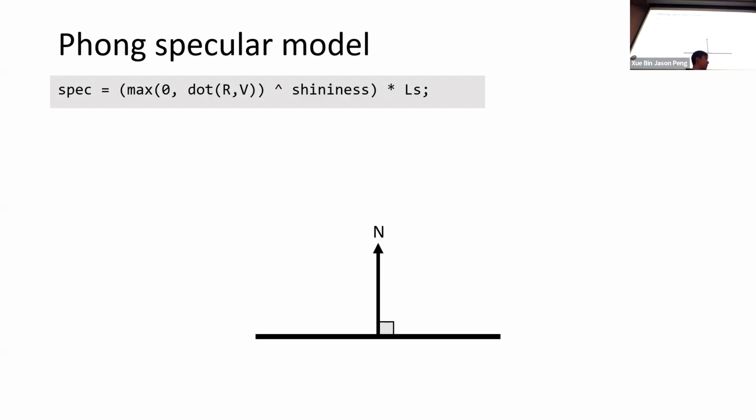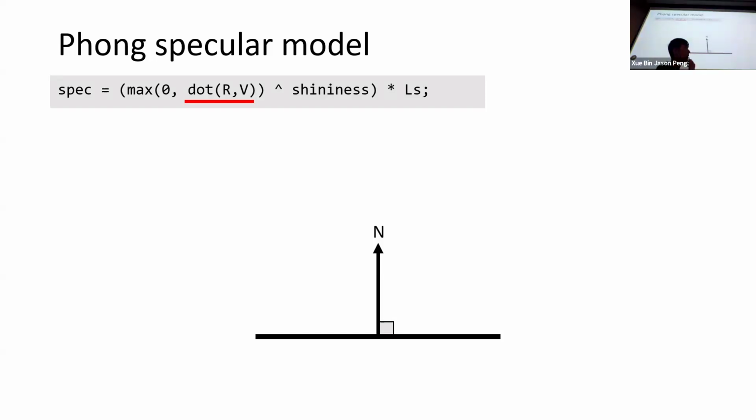One simple model that we can use to model mirror-like specular reflections is the Phong specular model. The Phong specular model is somewhat similar to the Lambertian model. It also relies on a dot product to determine how much light is going to reflect off of the surface in a certain direction, but this dot product is computed using different vectors.